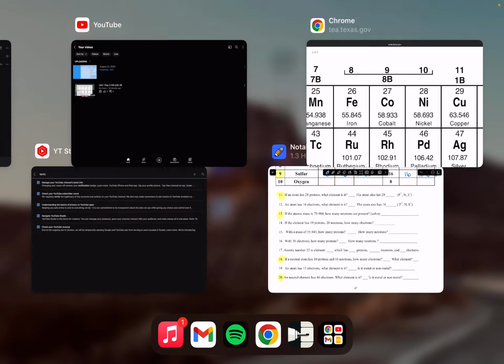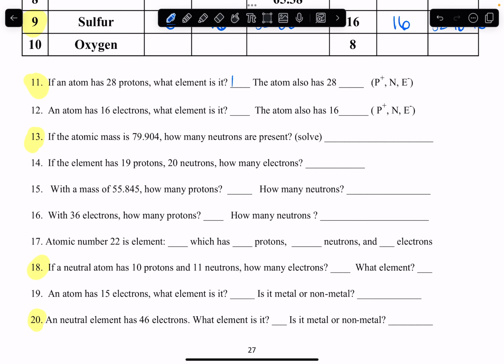Nickel. So I'm going to put its symbol there. It is nickel. Okay, that means it also has 28 protons and electrons. Okay, your atomic number is equal to the number of protons, which is also equal to the number of electrons in a neutral atom.